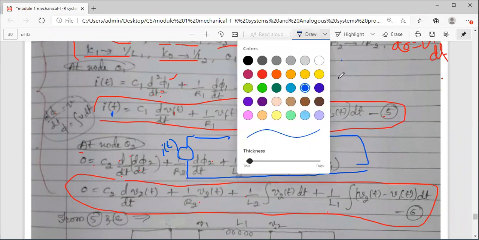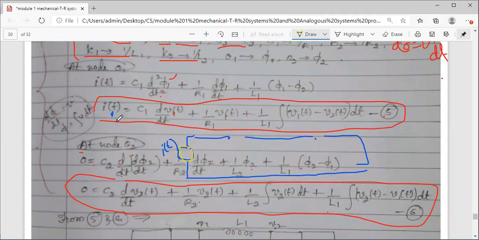Now once the current source is denoted, I will first look for the first node, that is theta 1, which is nothing but phi 1 or V1. So for phi 1, I want those elements in which voltage V1 is purely there.